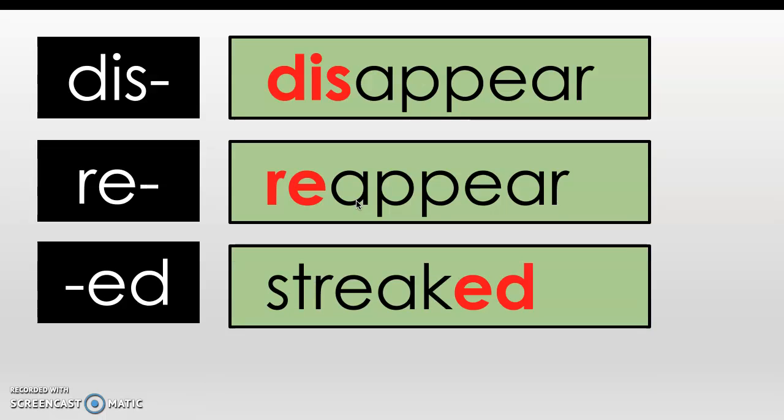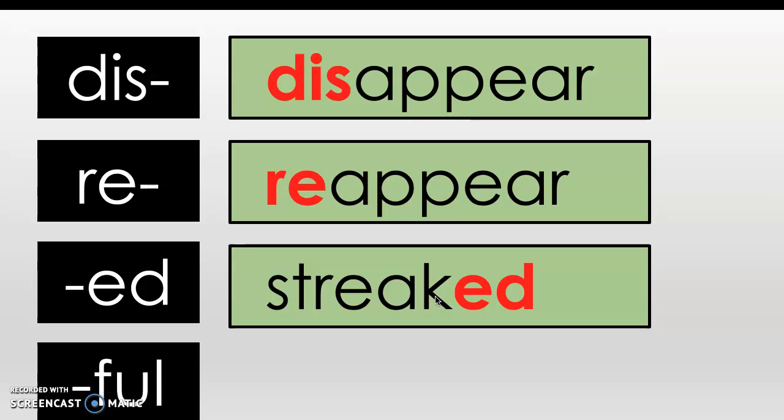All right, adding that suffix ed, which means it happened in the past, I could say Dawson did a drawing where he quickly streaked the paintbrush across his paper. So we have the ed, that means it happened in the past.